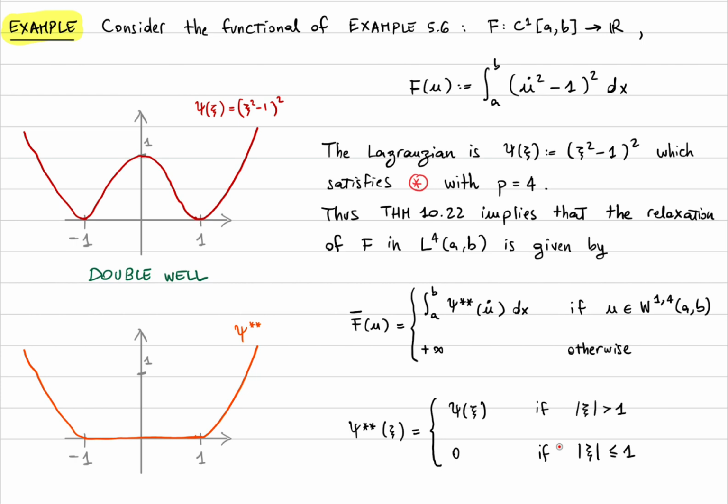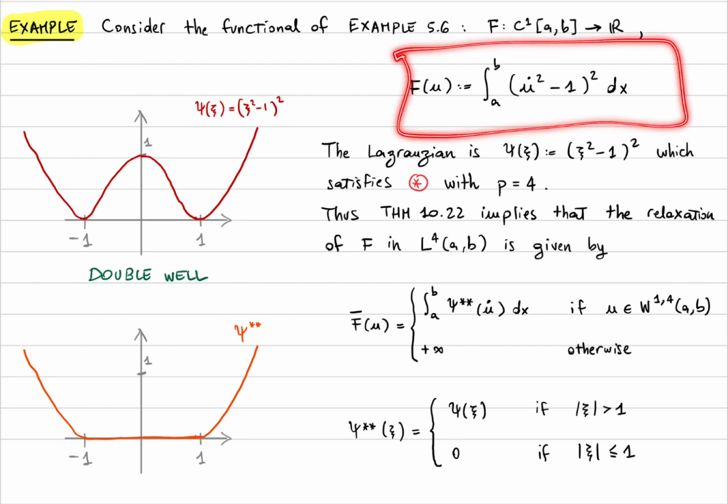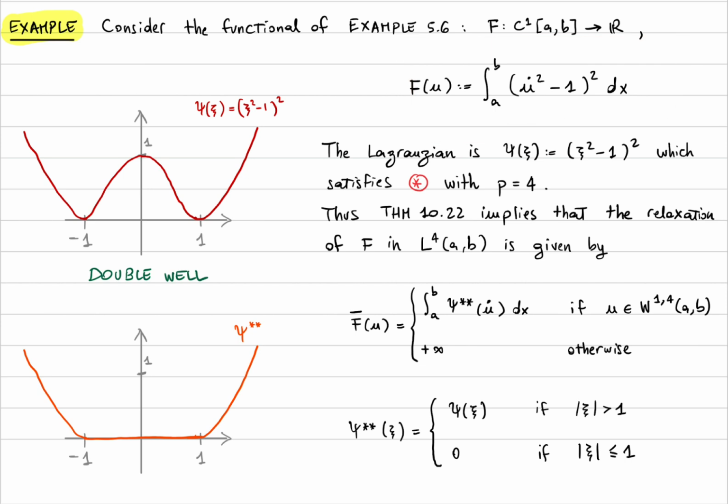So consider the functional of example 5.6, which was defined as f from the C1 functions of a b into R as the integral from a to b of u dot squared minus 1 to the power of 2. Okay, so this is the function we are considering now. The Lagrangian in this case is psi of xi, just equal to xi squared minus 1 all to the power of 2.